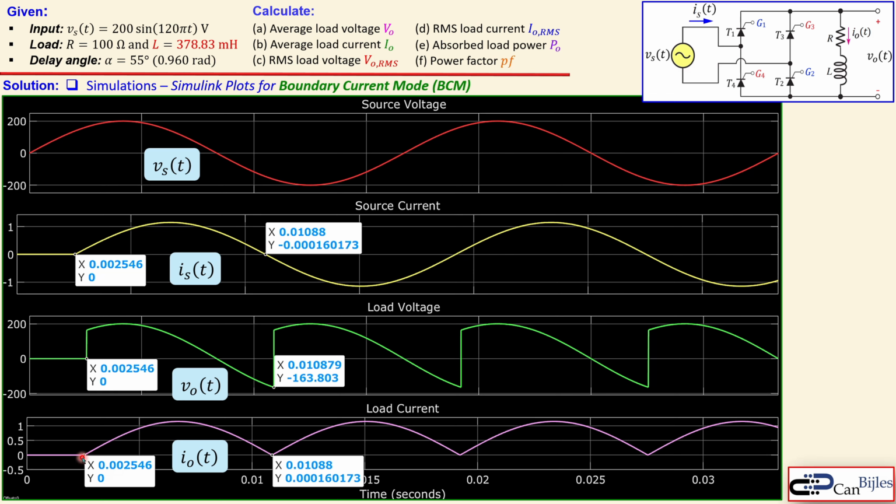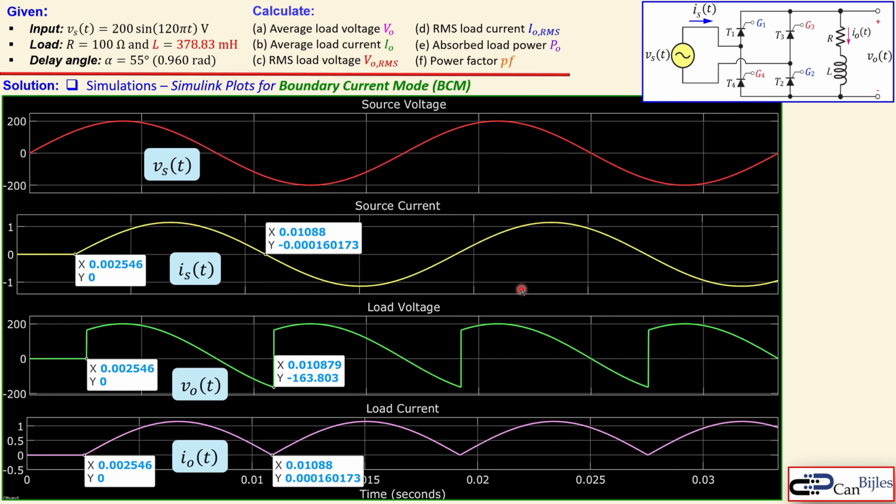What we also see is that the load current is now approaching this zero node and then coming up again to positive, but it will always stay at zero or above zero, and never go below that. That is really the boundary current mode. And the load voltage has this shape as we had before for the CCM.